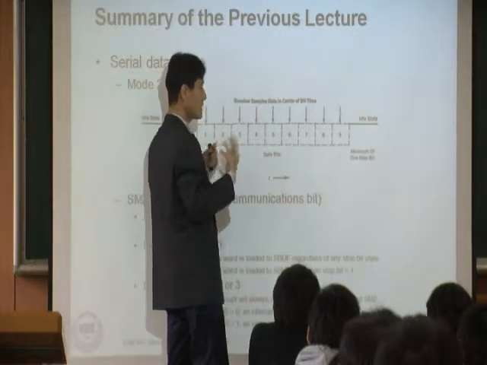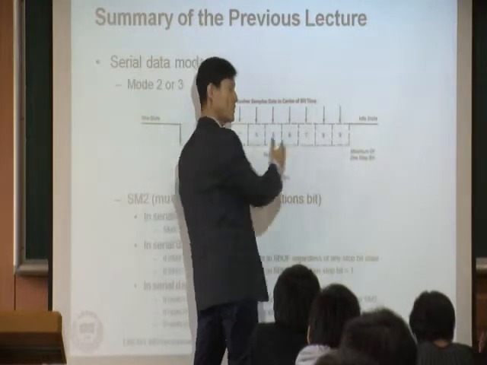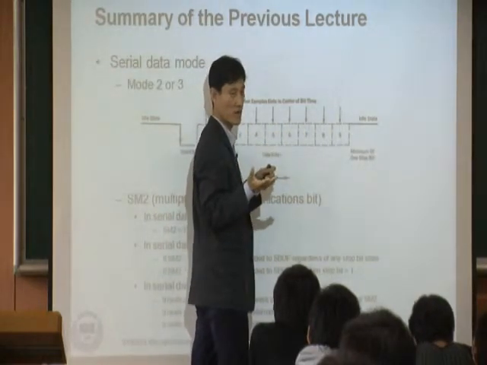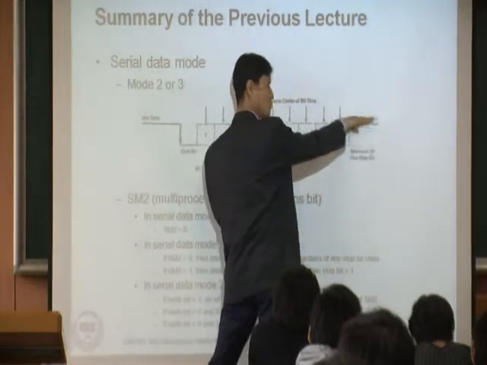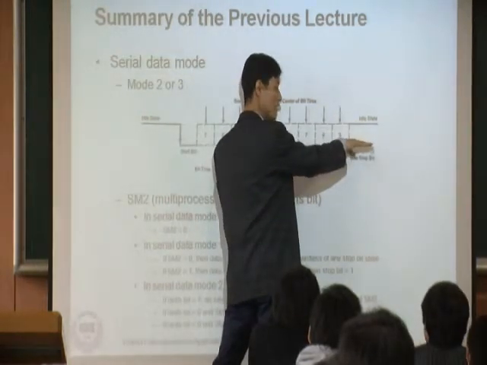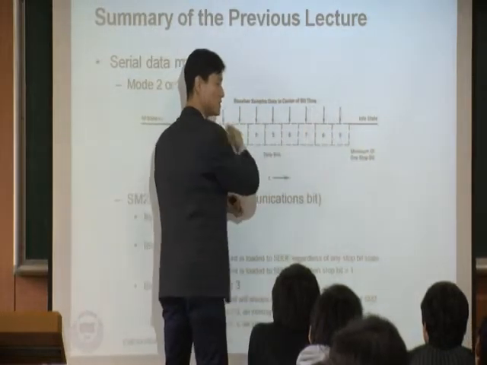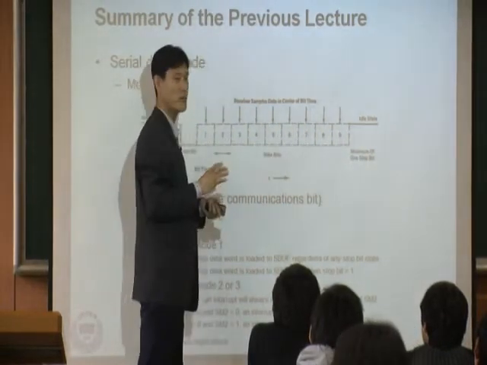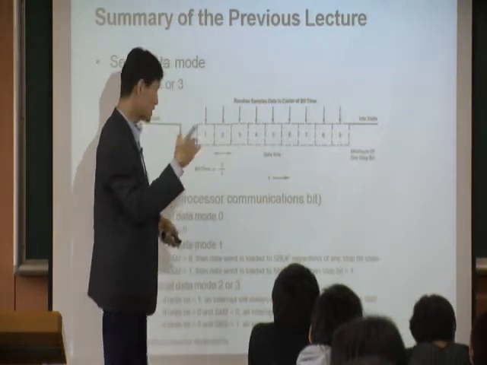I cannot believe what I received so far. If everything were correct, the stop bit should go to high, but I detect that it is low, so maybe the 8 bits I received are garbage. So what do you need to do? Drop it.